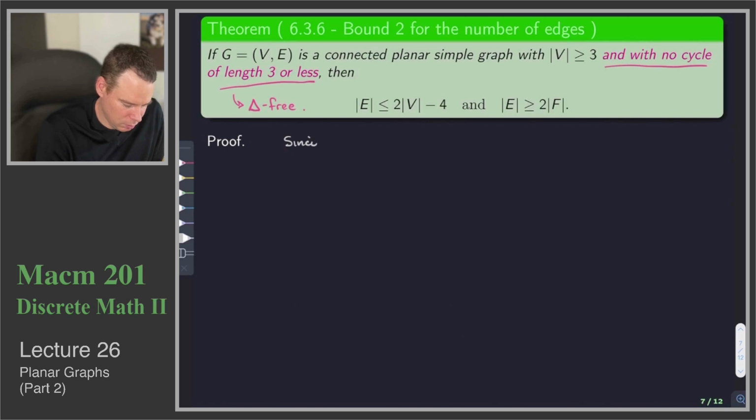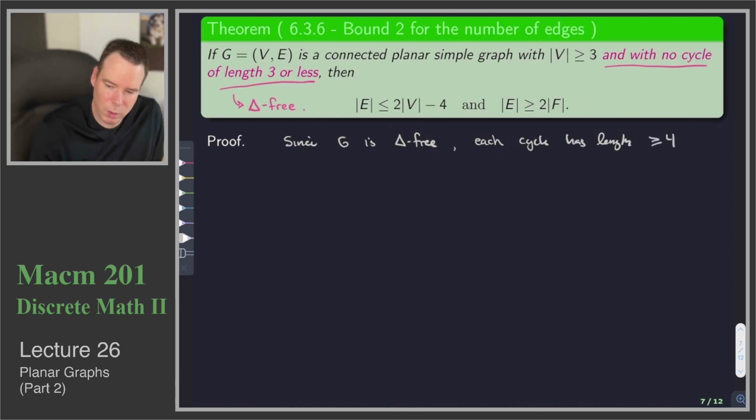So since G is triangle free, each cycle has length at least 4. There can't be any 3 cycles. So each cycle has length at least 4.